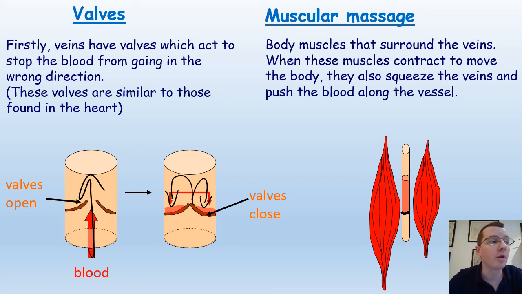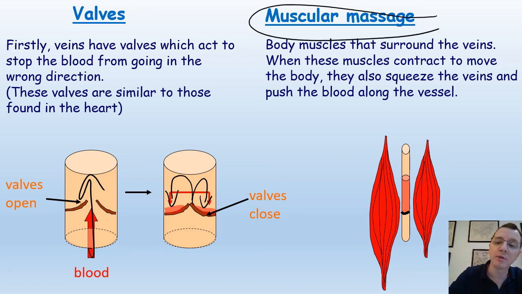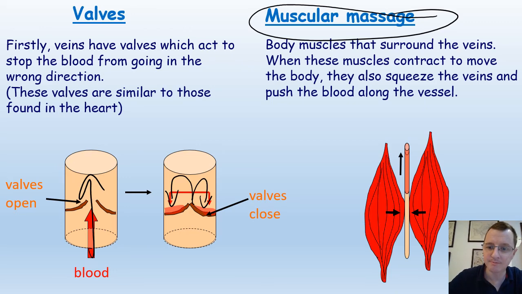The other nifty solution is to use muscular massage, where your normal body muscles in your legs and in your arms will contract and squeeze the blood in the veins, as you can see here. And as they squeeze that blood, the blood is forced up through the veins, and when those muscles contract, the blood will then flow backwards, but it will be stopped by the valves.